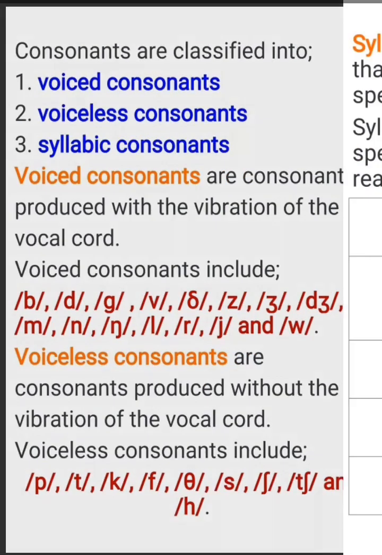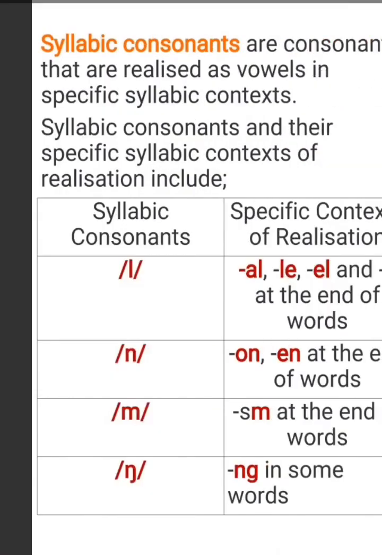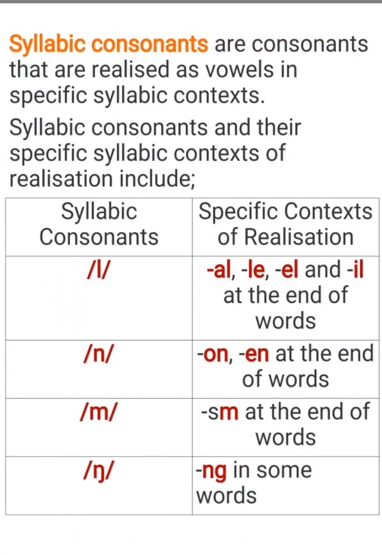So let's see what we have next, the syllabic consonants. Syllabic consonants are consonants that are realized as vowels in specific syllabic contexts. What are we talking about? Consonant sounds which can also be realized as vowels in some spelling context, we refer to them as syllabic consonants.